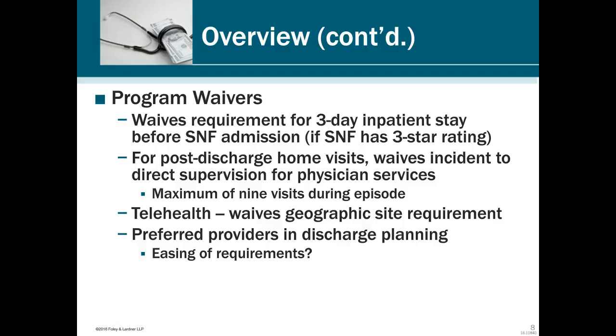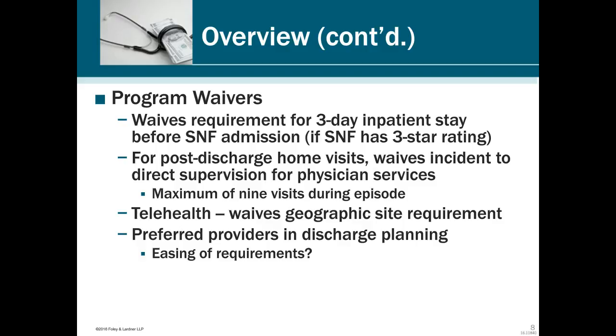As you know, in discharge planning, hospitals have been limited in their ability to really steer to selected discharge to home care agencies and SNFs. The requirements under the CJR are that you can have a preferred provider, a post-acute preferred provider, and they can have collaborator agreements.